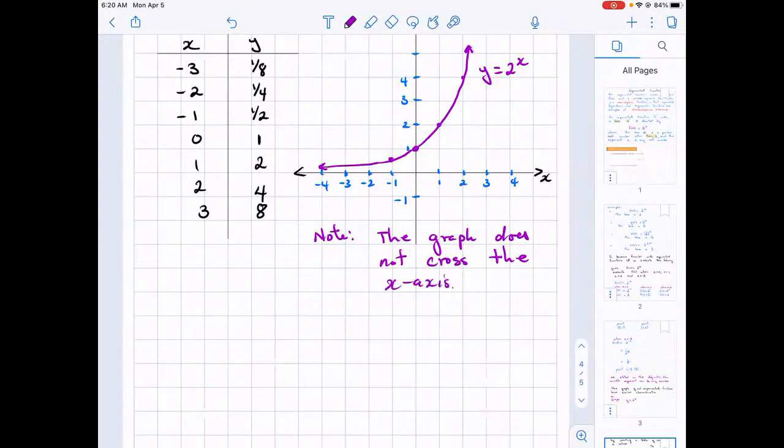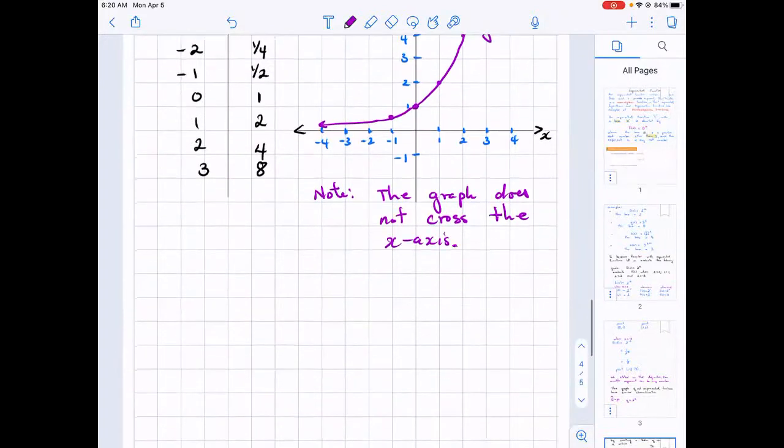It approaches the x-axis, but never touches.